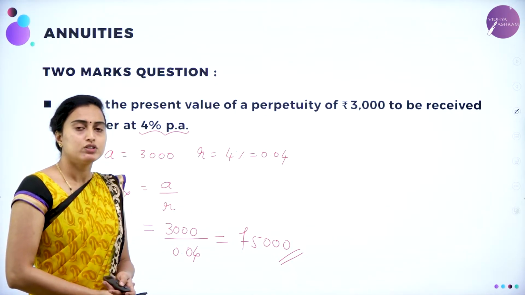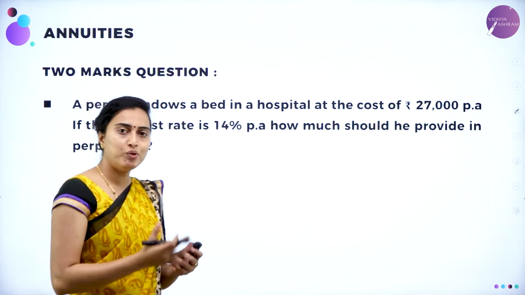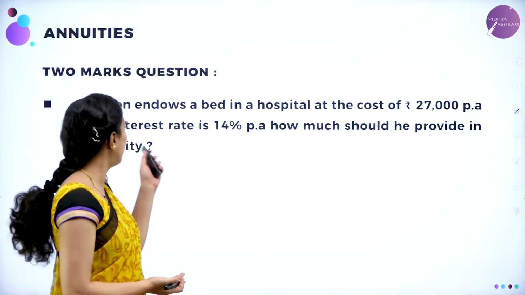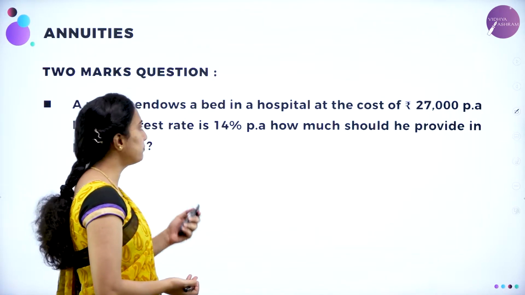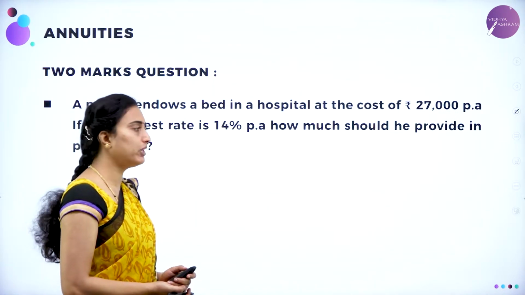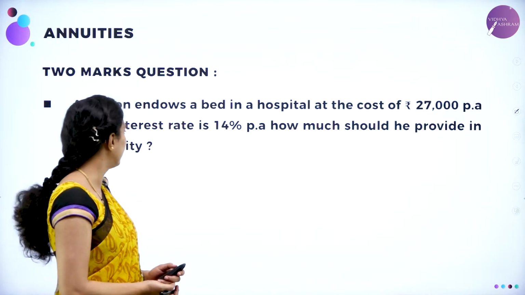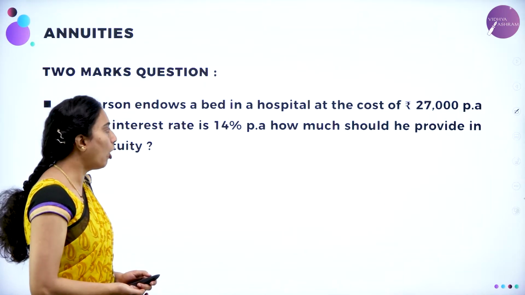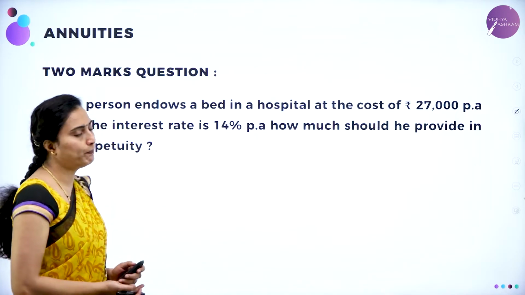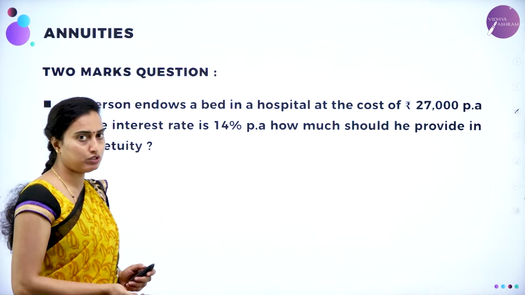I hope you got this one. We'll move on to the next problem, dears. What they've asked: a person enters a bed in a hospital at the cost of rupees 27,000 per annum. Now, if the interest rate is 14% per annum, how much should he provide in perpetuity? That means P infinity you need to find out.